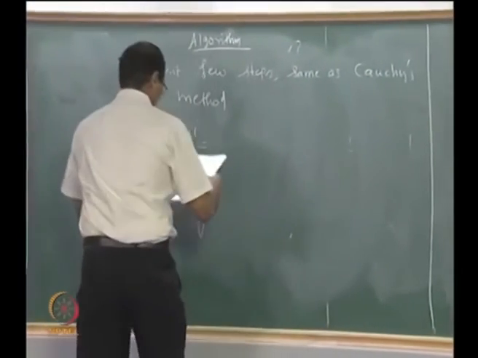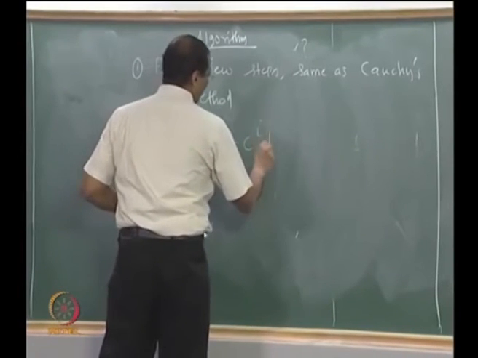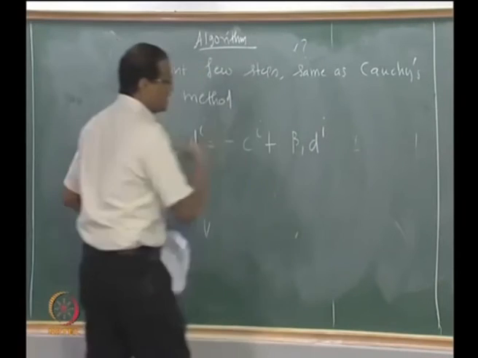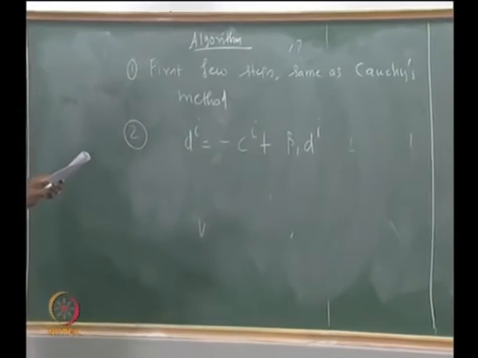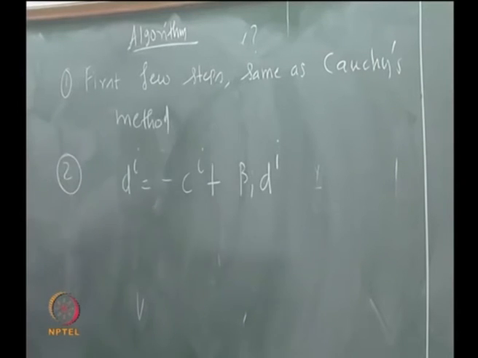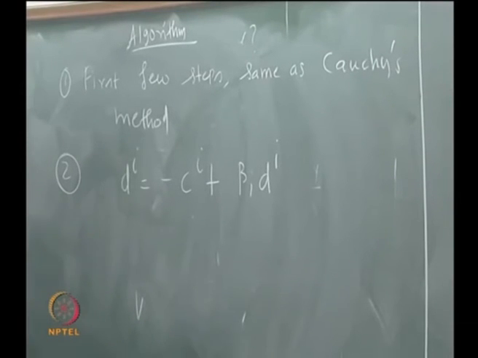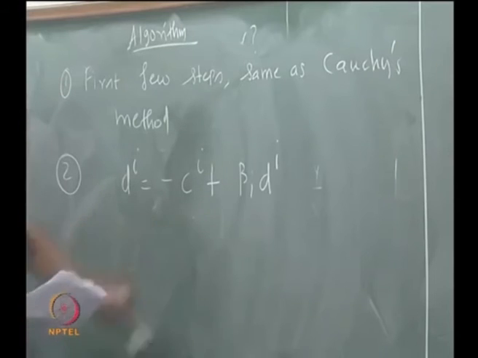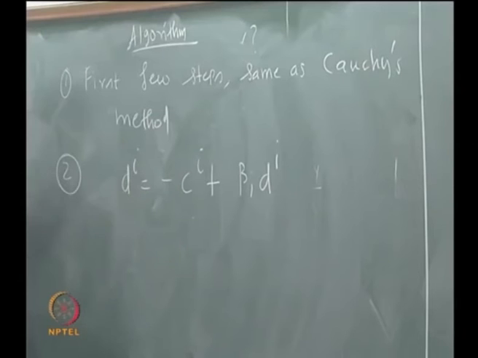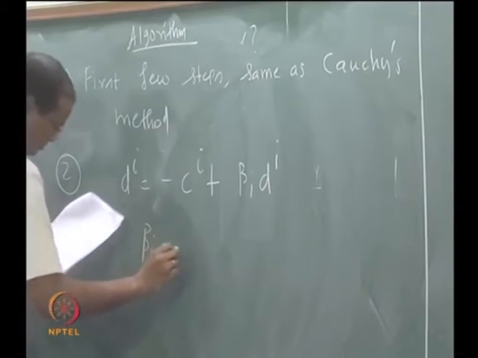So Di equal to, please see this. Di minus 1, no, it is fine. You calculate the Ci, but now I introduce a beta i.